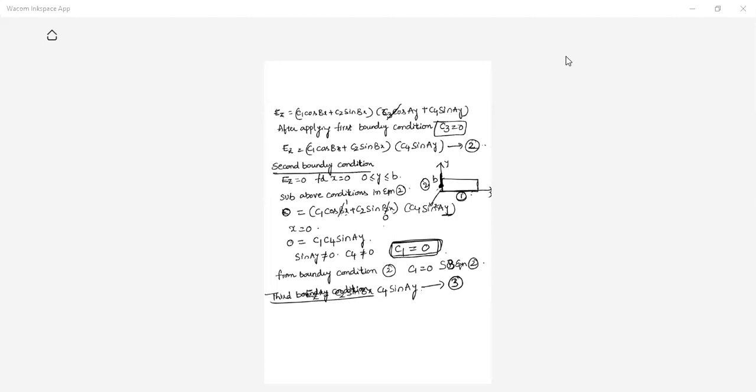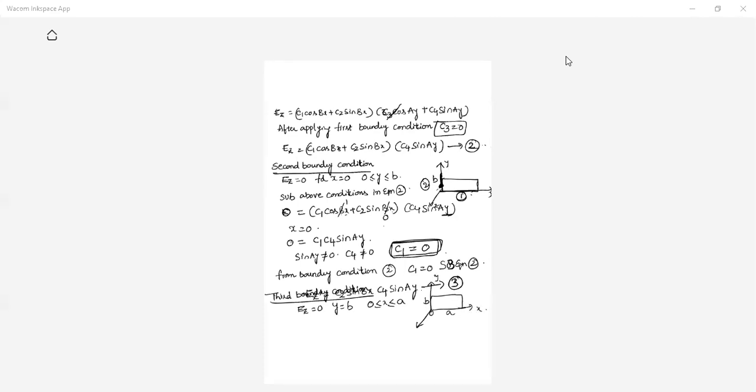Tell me, Ez is equal to 0 when y is equal to b and x is varying from 0 to a. That means once again I'll take the origin 0, this is z, this is a, this is b, this is y, this is x.